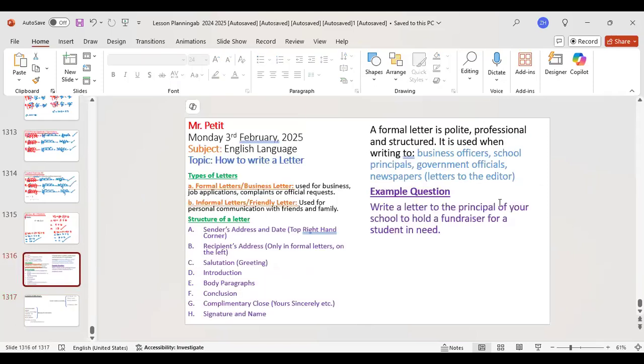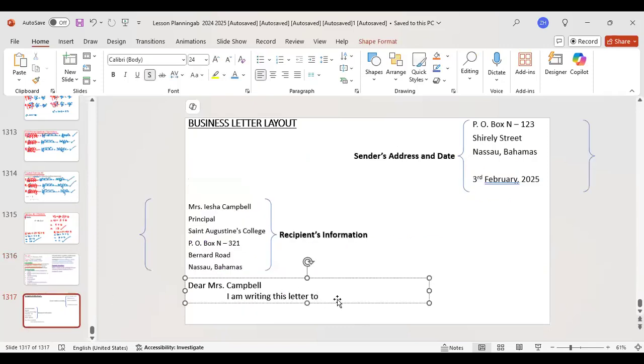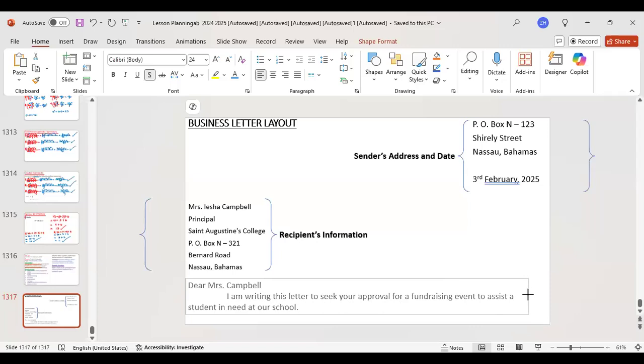We said we're writing it because we want to hold a fundraiser for a student in need. So I'm writing this letter to seek your approval for a fundraising event to assist a student in need at our school. Make sense?